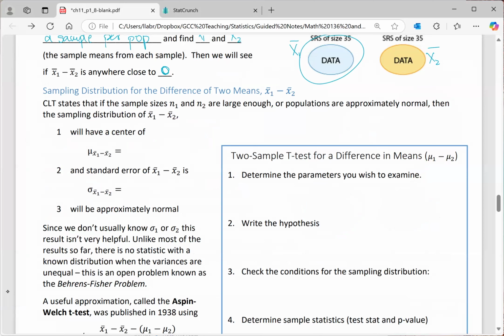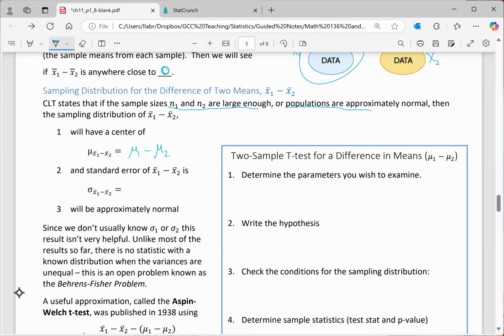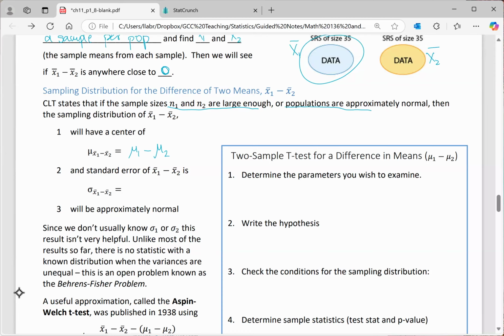If we assume we have big enough sample sizes, which is a strong assumption here, or the populations are normal, then the sampling distribution of the difference of the sample means will have a center of, you would never believe this, mu1 minus mu2. Again, this should remind you a lot of when mu of x bar was simply equal to mu, in other words, the population mean. Look at the similarities there.